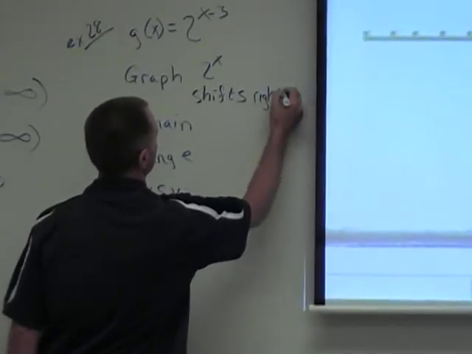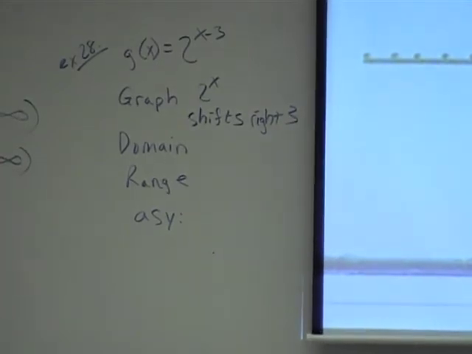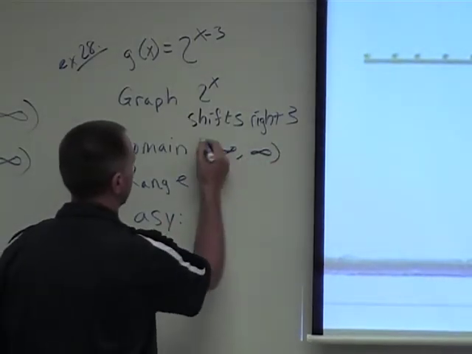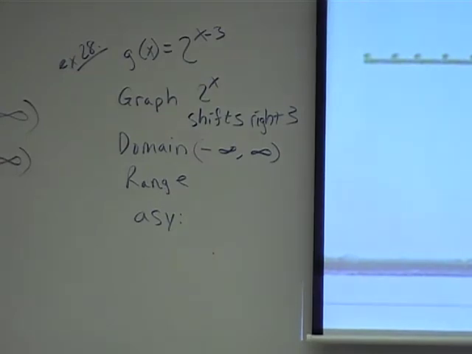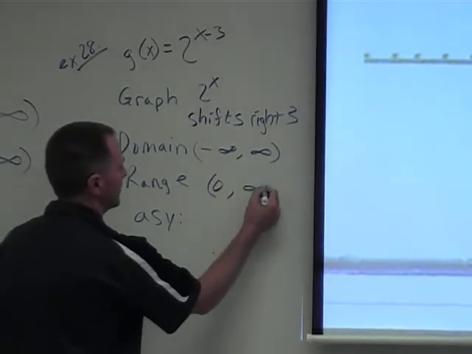Just write 3. What's my domain? Can you find an x value that won't work? No. Okay. Negative infinity to positive infinity. What about my range? 0 to... Yeah. Not including 0, but to positive infinity.